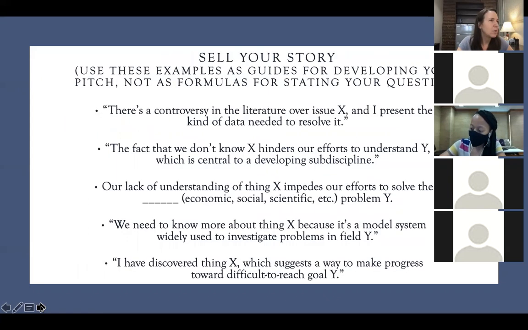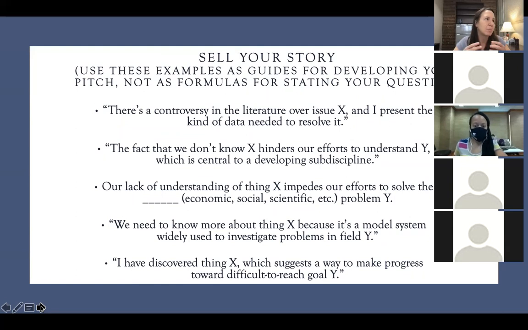So here are just some examples of ways that you can sell your story. And these don't need to necessarily make it into your paper explicitly, but you should have them in your mind. And then you should convey that idea implicitly in your paper somehow.